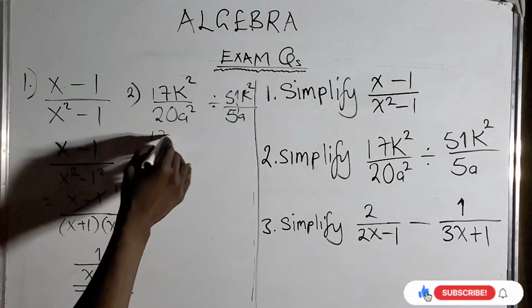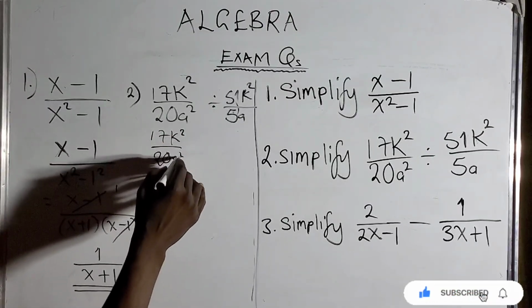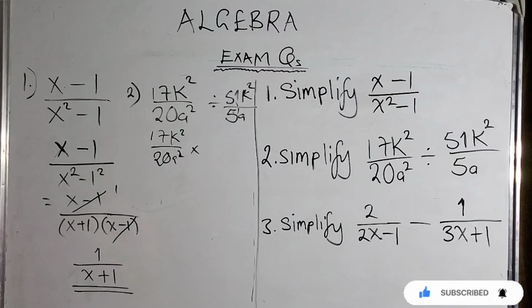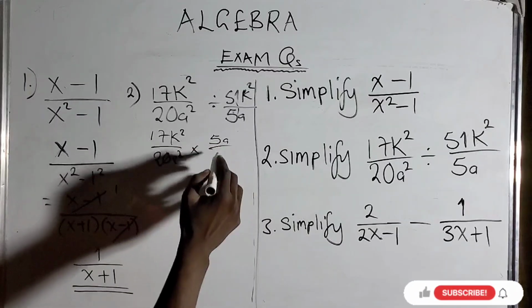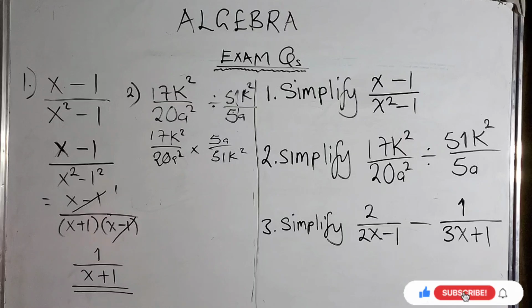We're going to maintain this side as 17k squared over 20a squared multiplied by, and here we reciprocate. In other words, the denominator becomes the numerator and the numerator becomes the denominator. Then having done this, we can now multiply direct.